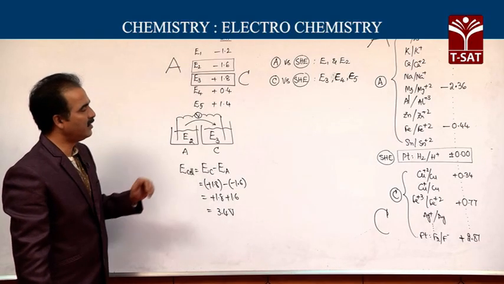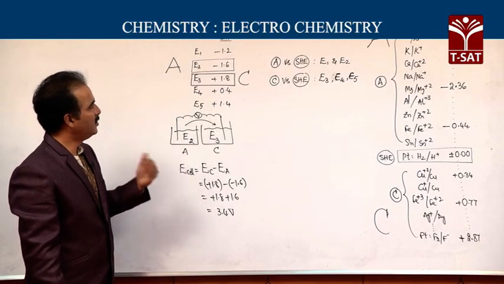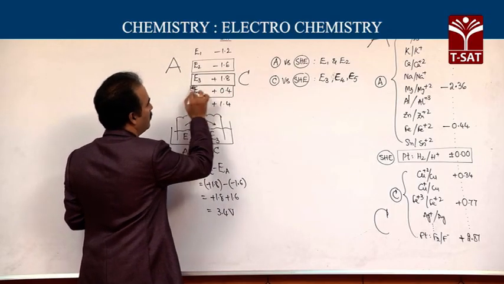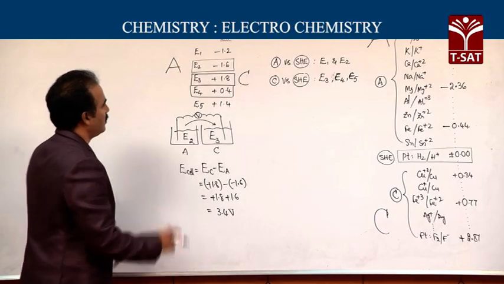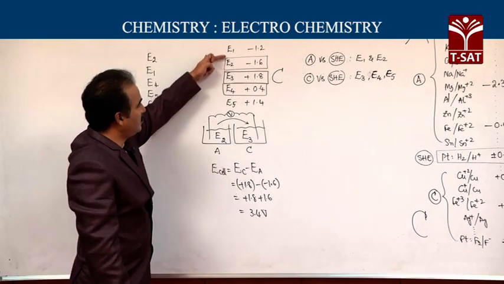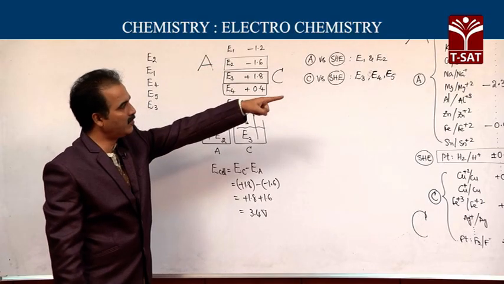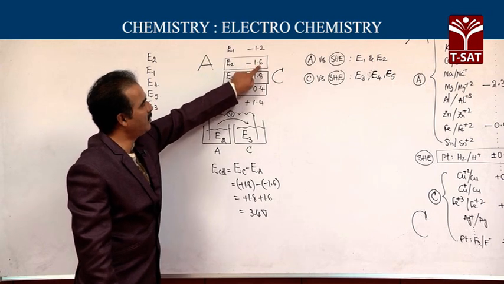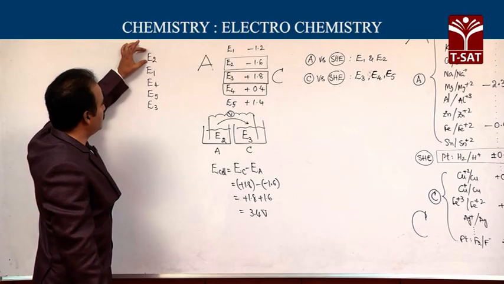Similarly, on the contrary, minimum EMF is between which? Minimum EMF is with E4, that is plus 0.4. So let us arrange them according to the electrochemical series. The most negative reduction potential will be at the top of the electrochemical series, that is E2.